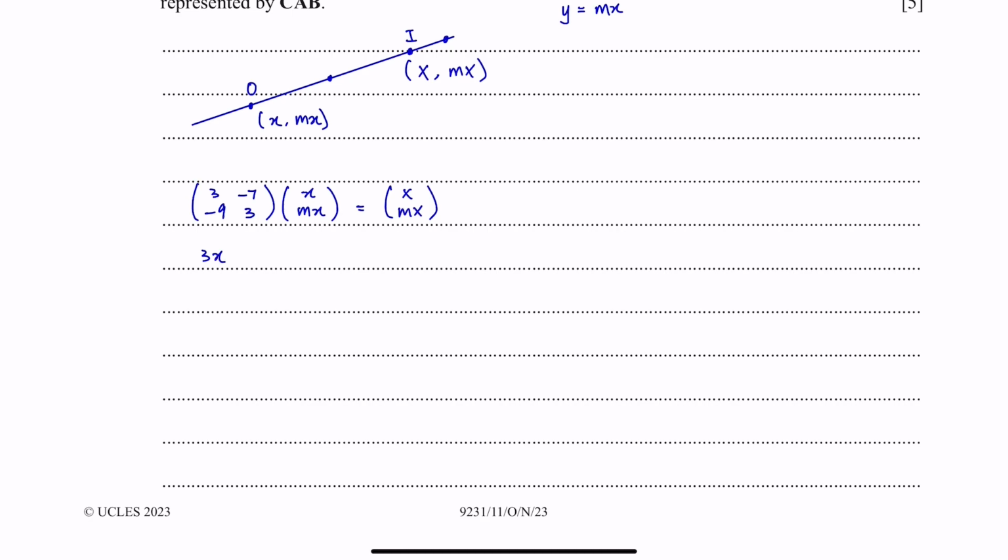So 3x minus 7mx equals the capital X, and this times this to get this. So the second equation will be -9x plus 3mx to get this. This will be the first equation, and this will be the second.